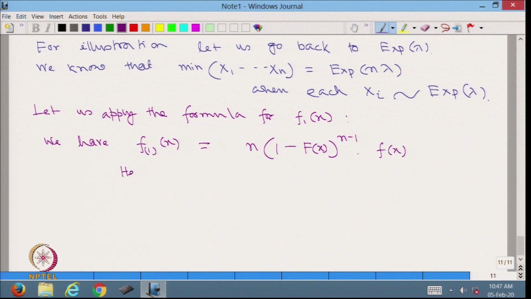Here f(x) is equal to lambda e to the power minus lambda x, F(x) is equal to 1 minus e to the power minus lambda x.